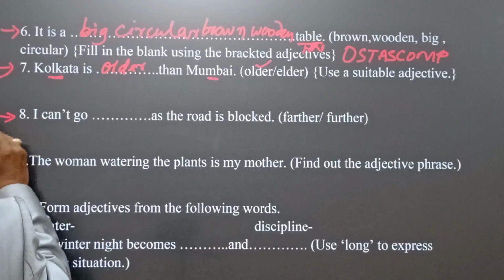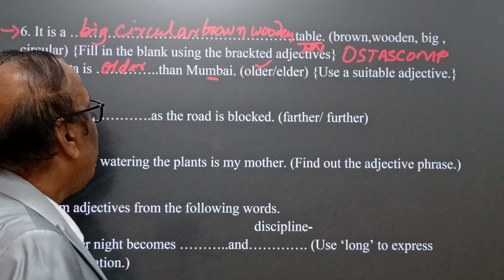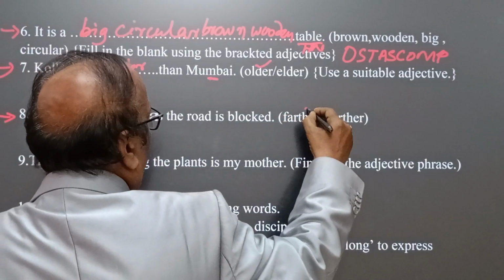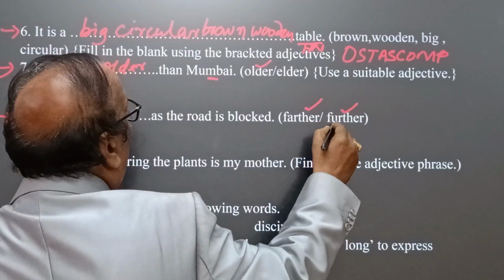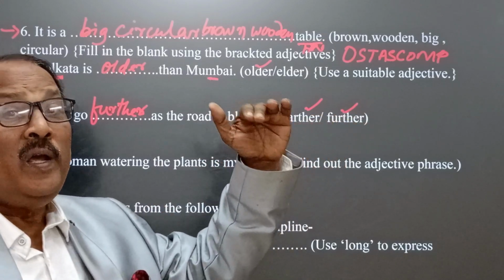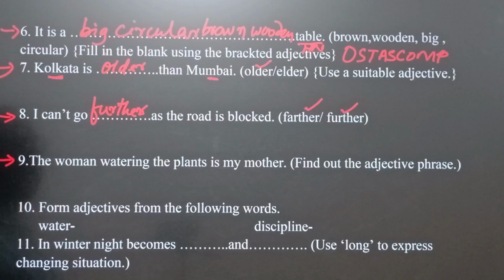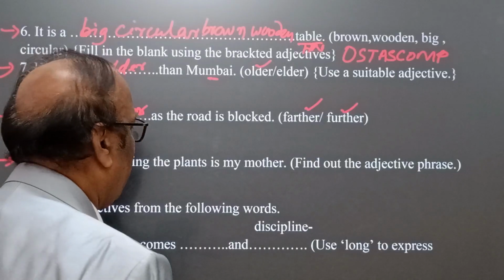Question number 8. I can't go blank as the road is blocked. Two adjectives, farther and further. Correct answer is further. Further means additional extent or any more. Number 9. The woman watering the plants is my mother. Find out the adjective phrase.